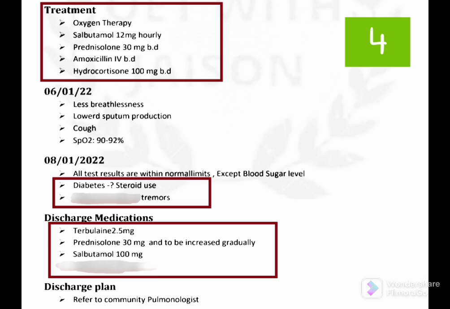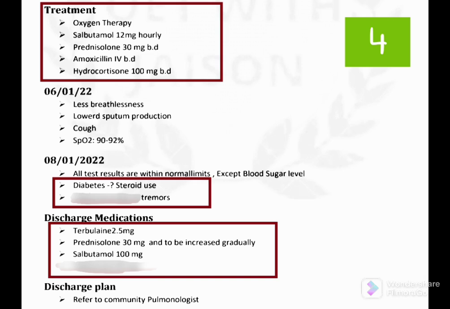Later that day, all test results are within normal limits, except blood sugar level. The patient is suspected to have a complication of steroid use, because he is continuously on steroids, and the increased blood sugar level and tremor are both suspected to be due to steroid use.